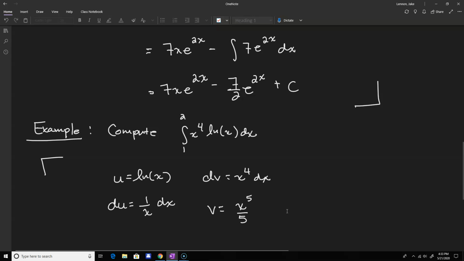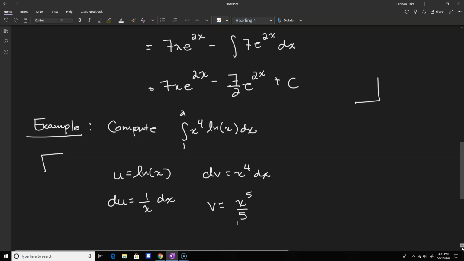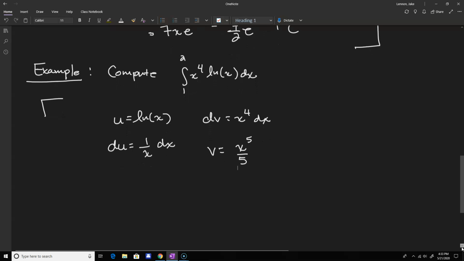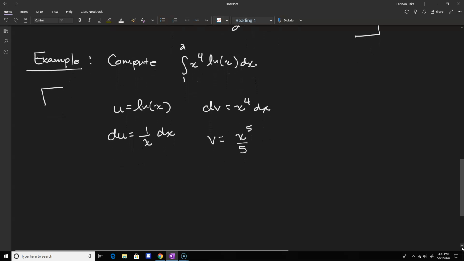So basically what I'm going to do is compute my antiderivative till I have everything done, and then at the very end I'm going to add those limits of 1 and 2. So our integral becomes uv, which is x to the 5th over 5, times the natural log of x, minus the integral of 1 over x times x to the 5th over 5 dx.